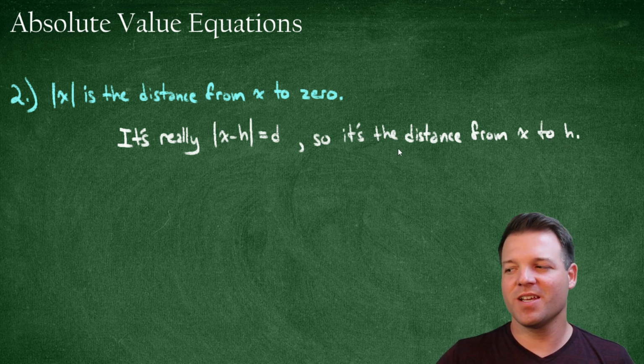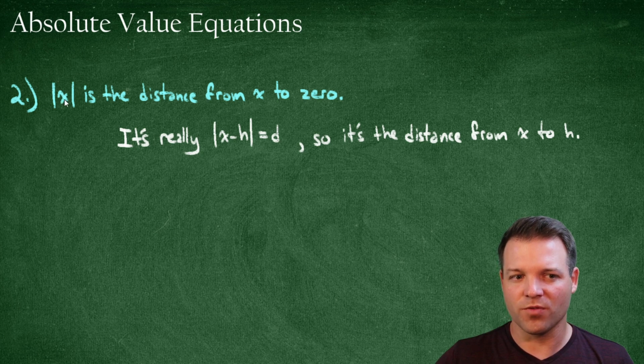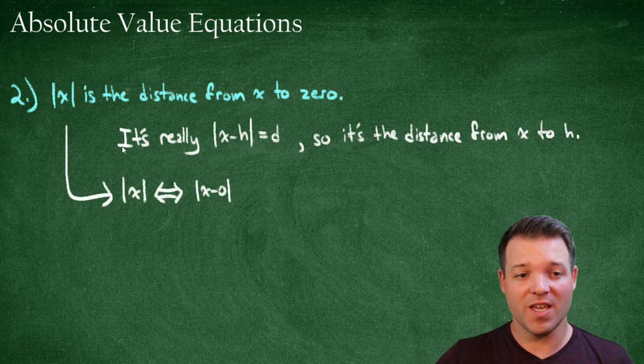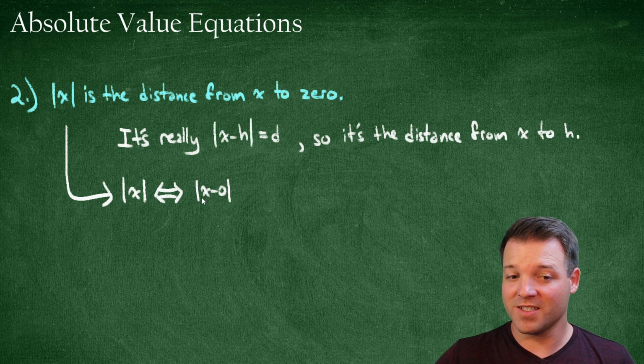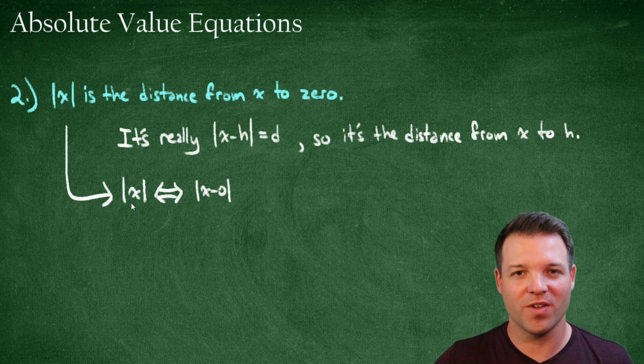So you might be saying, whoa, hang on a second. I always thought it was from x to 0. So why is the absolute value of x different? Actually it's not. If you take a closer look at the absolute value of x, you could write it as the absolute value of x minus 0, right? That is equivalent to the absolute value of x.